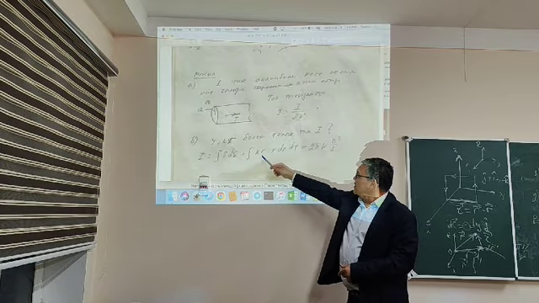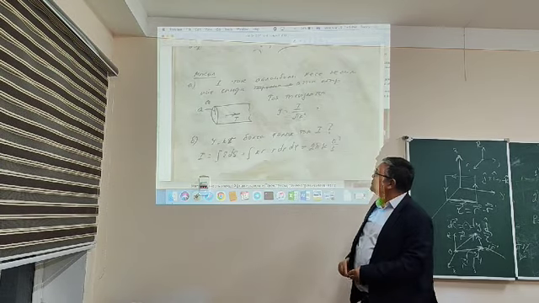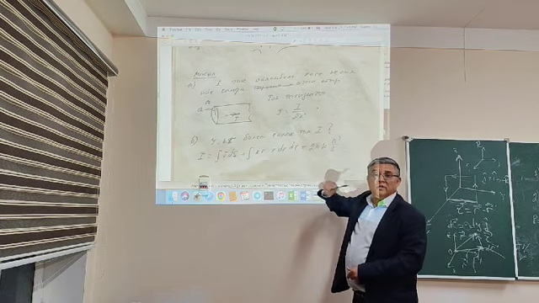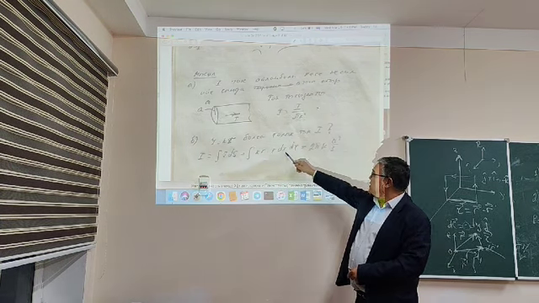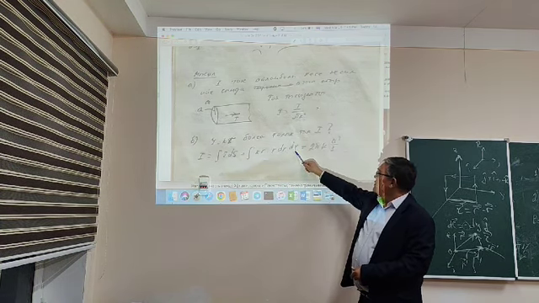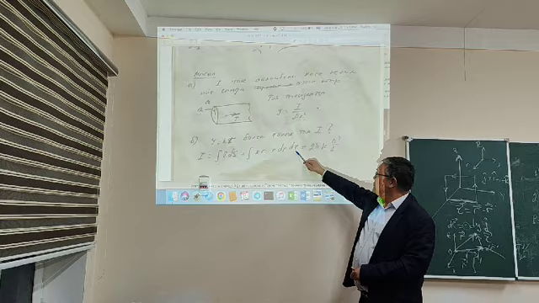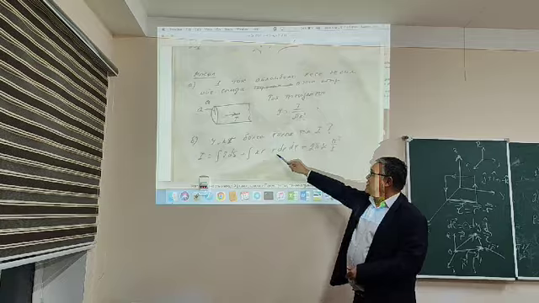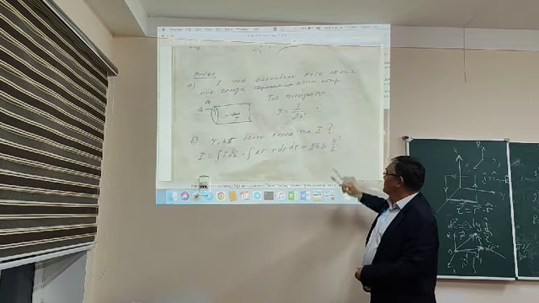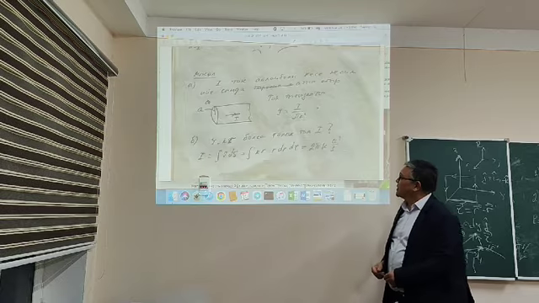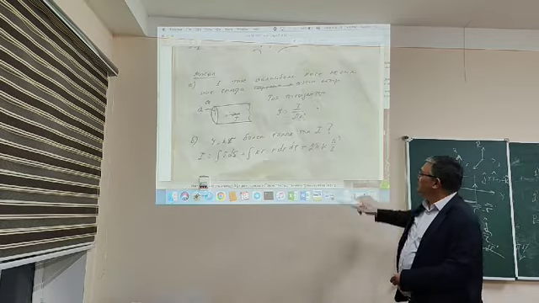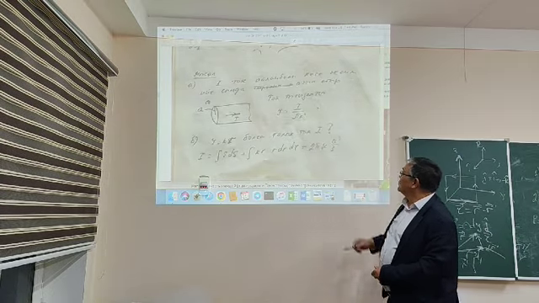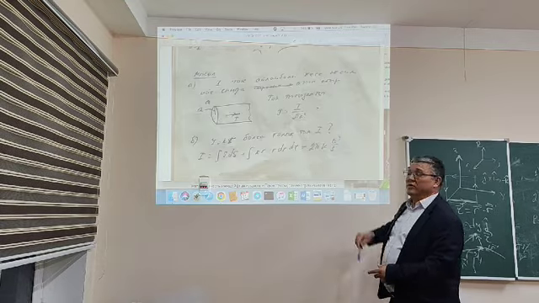So here k is just a constant, and here we have two integrals. One is r squared dr, and the second is dphi. The integral for dphi gives us the value of 2 pi, and the integral of r squared dr gives a cubed divided by 3, and finally the total current is equal to 2 pi k a cubed divided by 3.